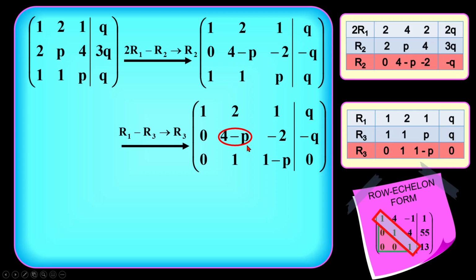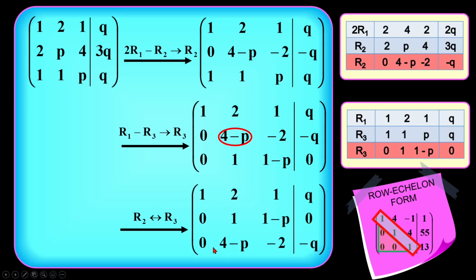To transform that into 1, it is easy to just swap these 2 rows, then I will get my 1. Then I copy them all down. I just swap row 2 with row 3, so I get my 1 because in row 3 I already created a 1 there. Swapping is easy: just copy whatever is in row 2 into row 3 and whatever is in row 3 into row 2.